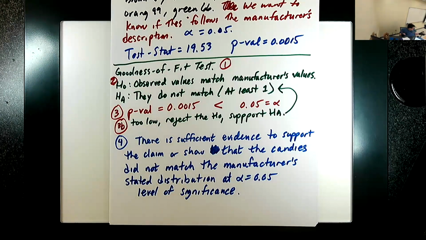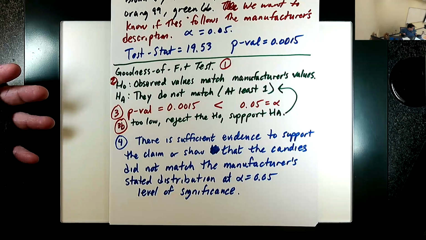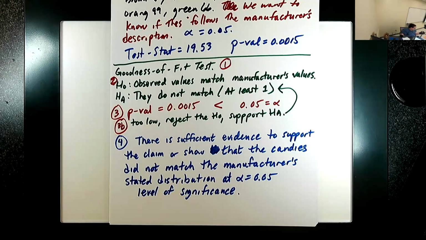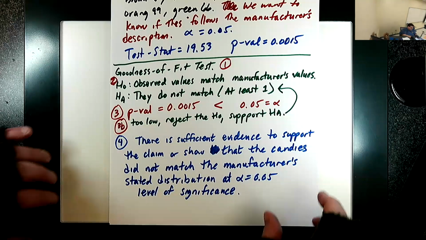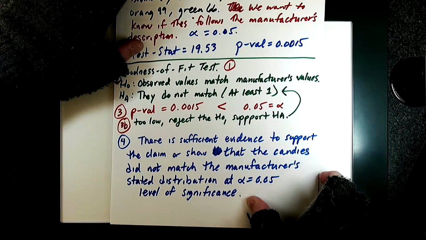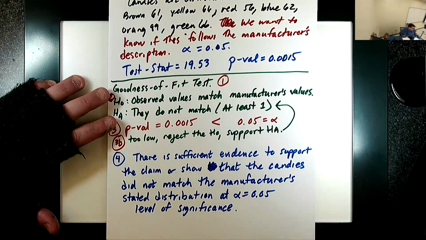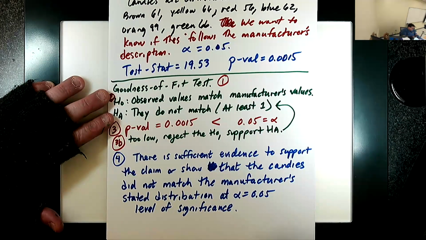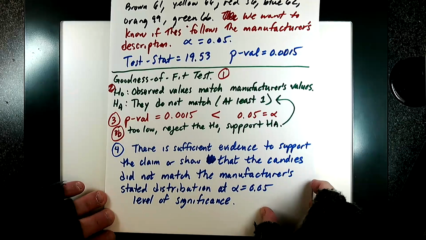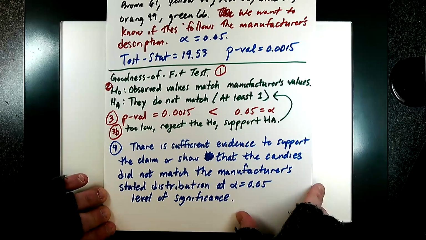This one we call the goodness of fit. It's how good or well does the observed values match what we expect. And if you have this, you're flawless.